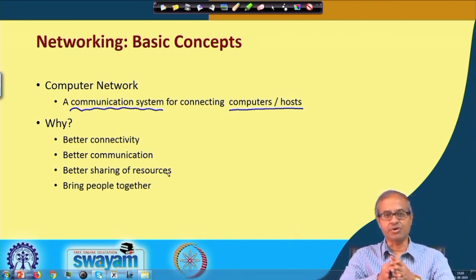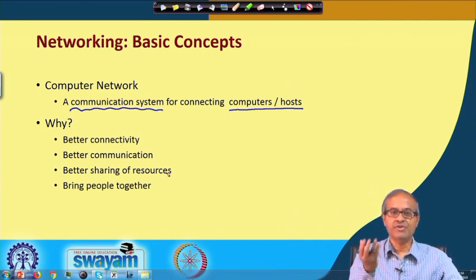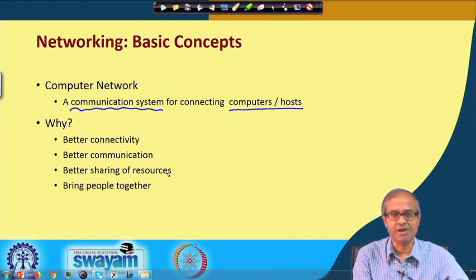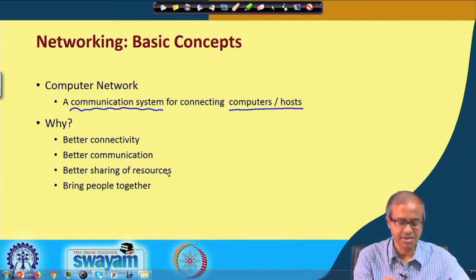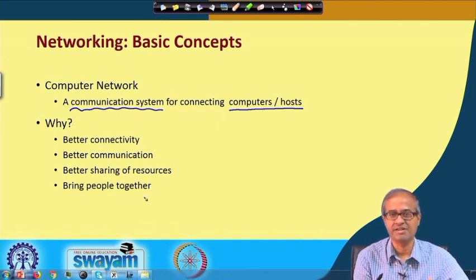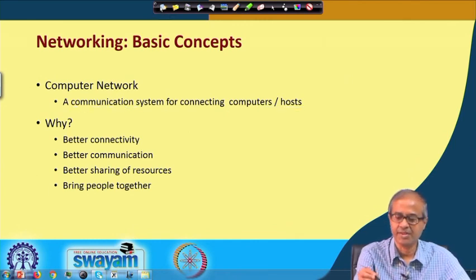Nowadays we talk about cloud computing, where not only storage space, but also computing resources are available online, on the network, on the cloud. So, we can share some valuable resources over the network, and it helps in bringing people together, as we are seeing with our social networking applications that are coming up.